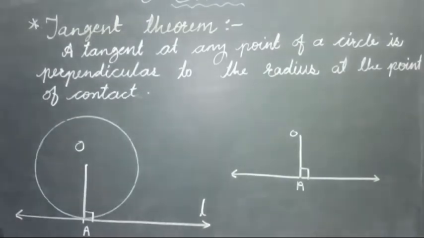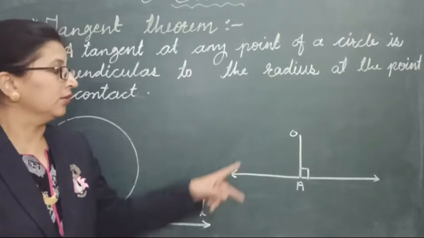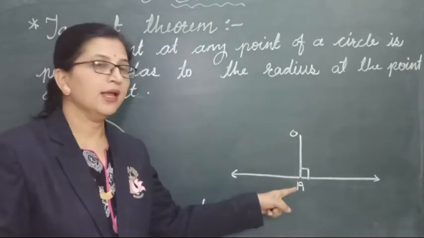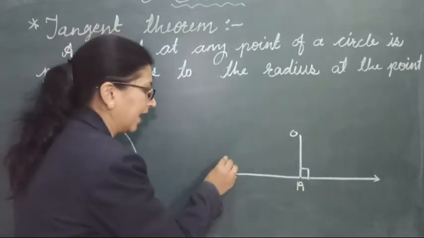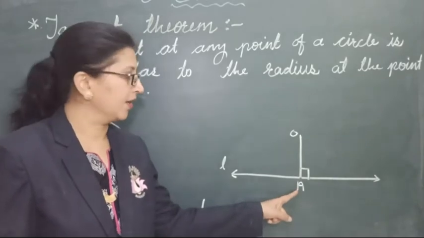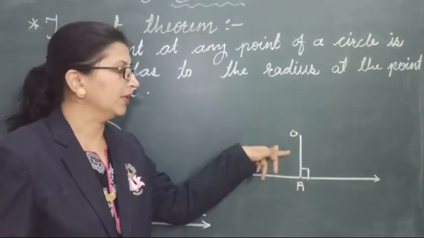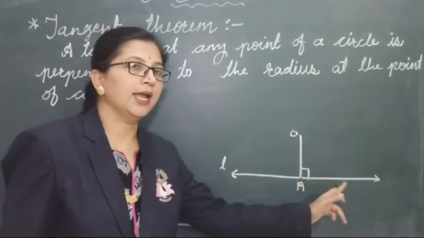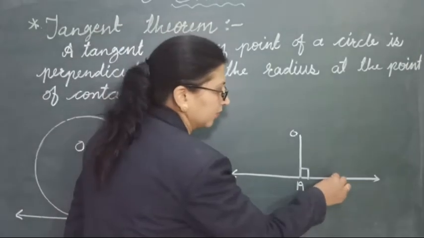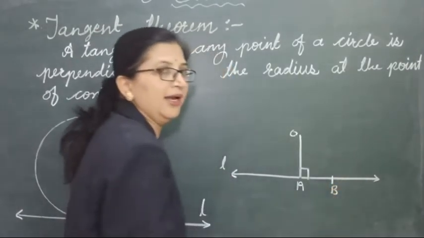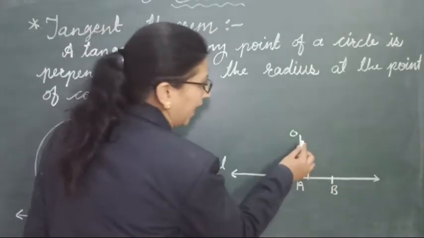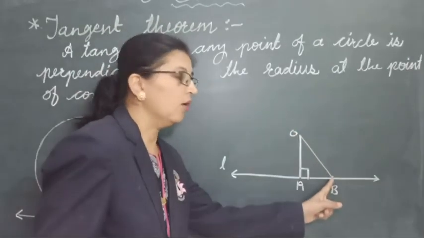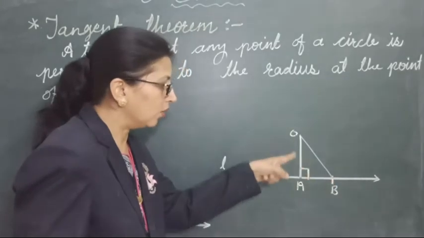Here, dear friends, you know that the perpendicular distance is the shortest distance of a point from a line. On this line L there is a point A and this point O is outside the line. So OA is the perpendicular distance. If on this line L we take any point, let's take the point B, and join O and B, then definitely this distance OB is greater than OA.